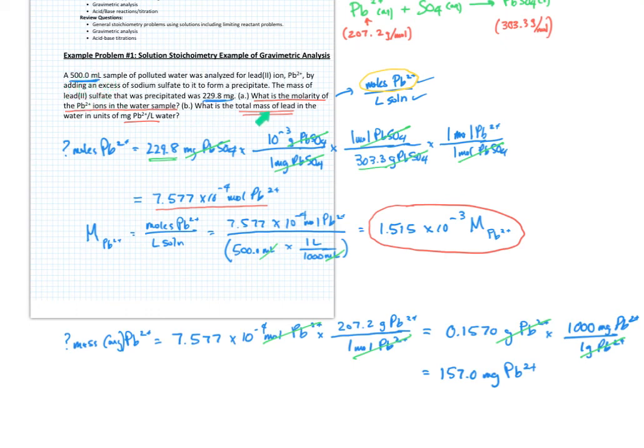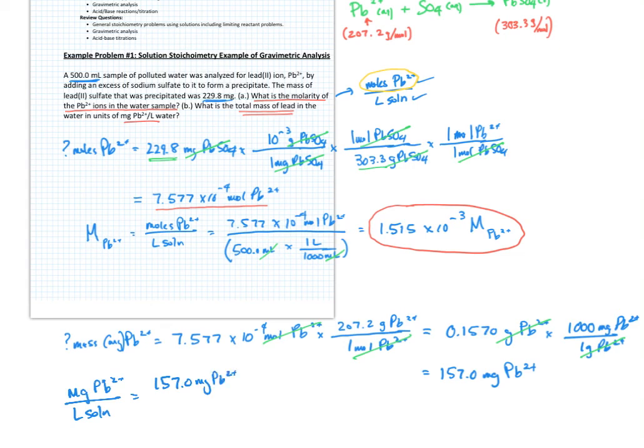Okay, so the total mass of lead in the sample was 157 milligrams, but this is asking for what's the mass in milligrams per liter of concentration unit. So now I need to take that. So if I want milligrams per liter, now I need to take this number, 157.0 milligrams Pb2+.